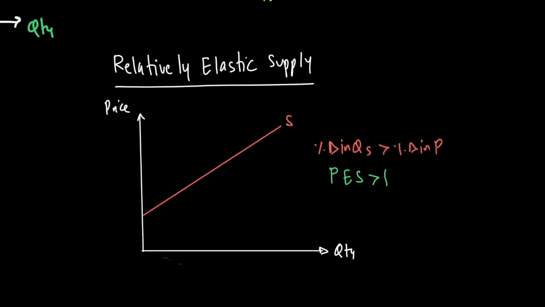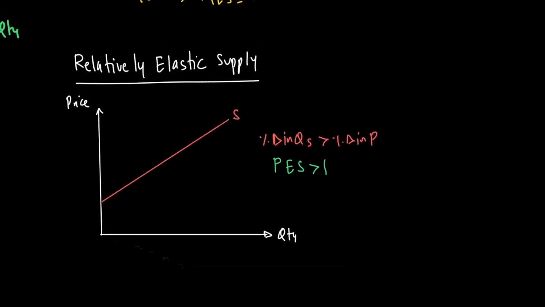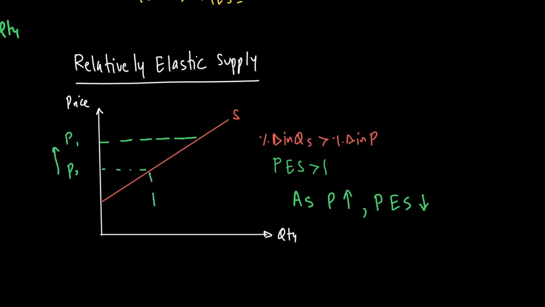Now one more important thing to remember is that when the supply curve is coming from the price axis, we know it's elastic, but we also need to know that as price goes up, PES actually goes down. Whenever it's very elastic, as the price goes up, your PES will actually fall.